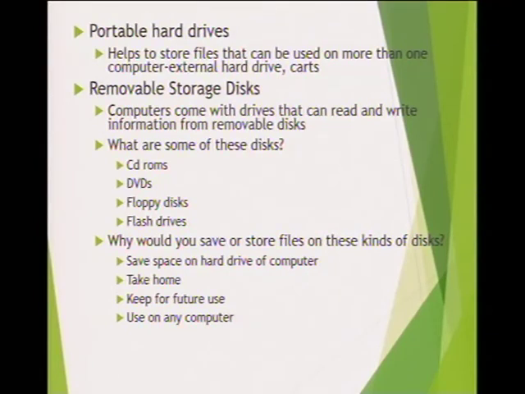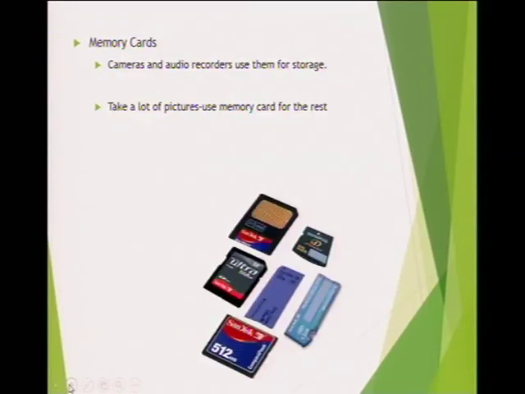First, we need to save space on the hard drive of a computer. We can use it in different places. If you use your desktop at work, you can take it and work at home. You can use it on your laptop. You can use it in future. You can use it on other computers.